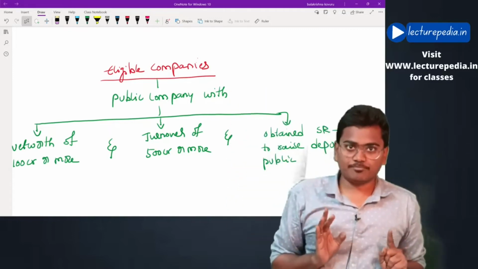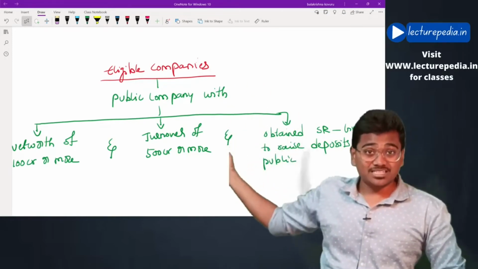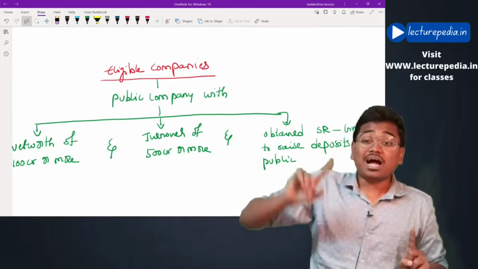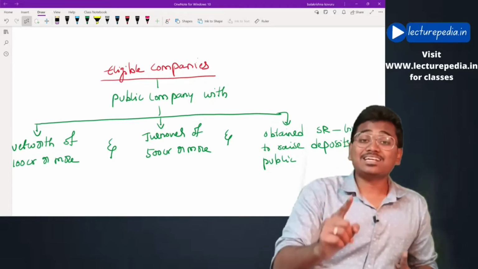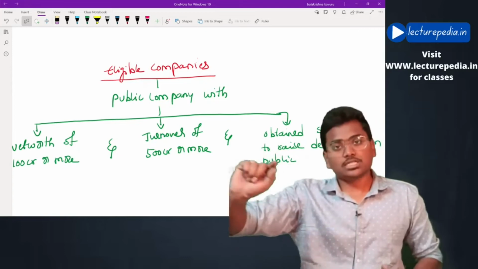Eligible company means a public company with the first criteria, net worth of 100 crores or more. The second criteria relates to turnover of 500 crores or more.